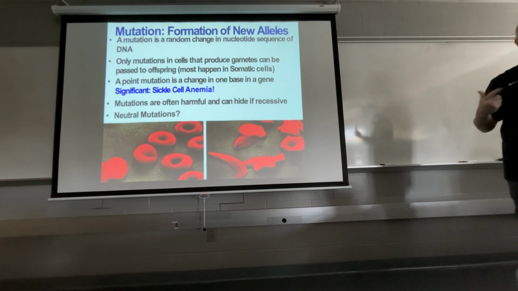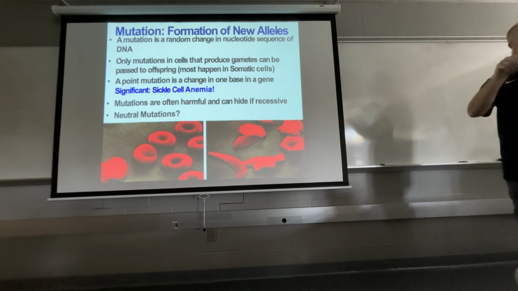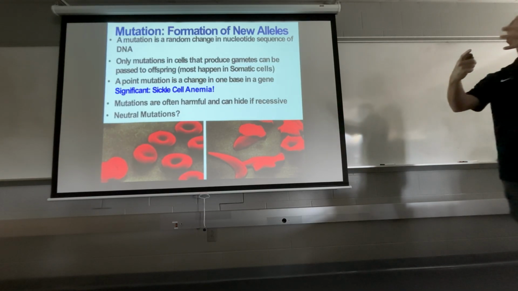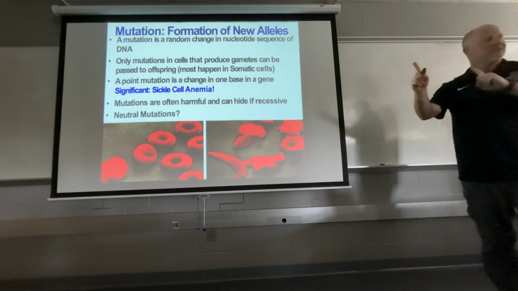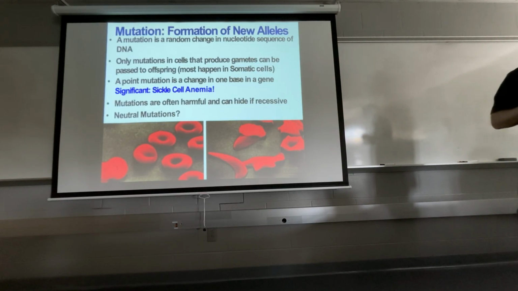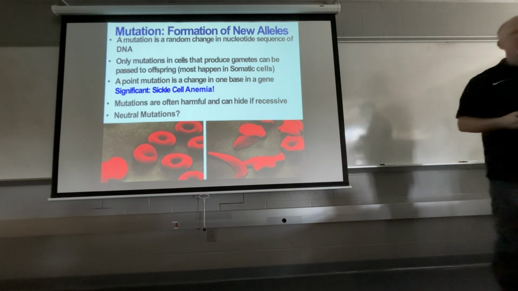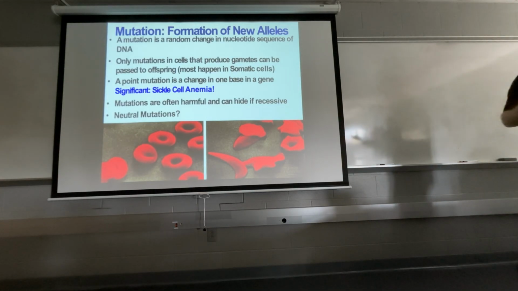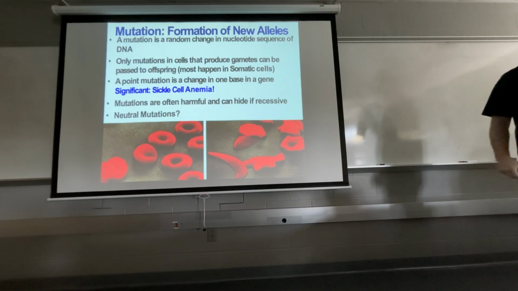So remember, if you're recessive, you can hide or be masked by the dominant trait, and you might not even see it in the population, but every once in a while it'll just pop up, right? Because it's being passed around in the population, it's just not showing up in the phenotype. And so that's how harmful mutations often hide within a population or a genetic pool, is because they're typically masked.